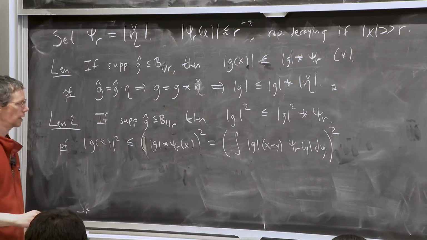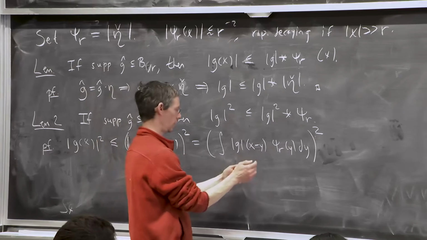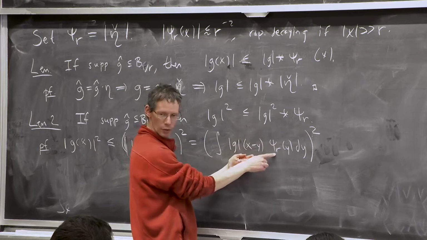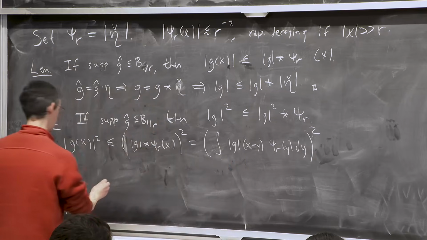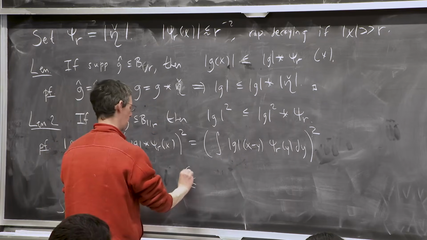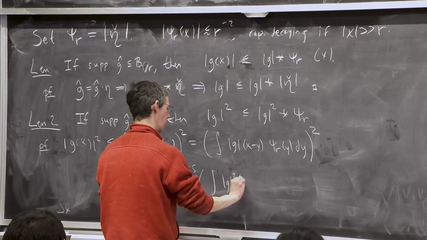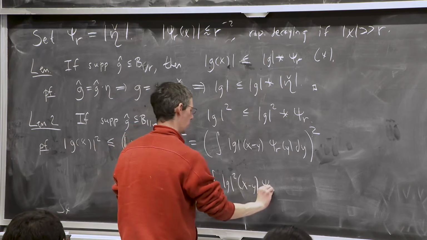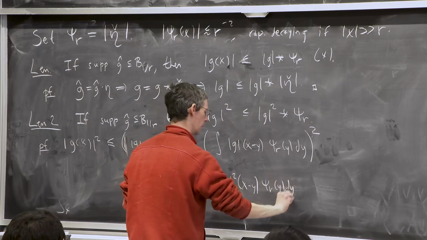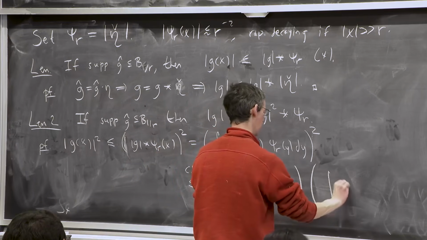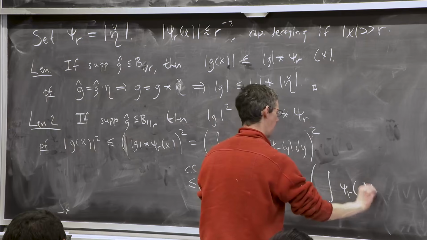And now I want to do a Cauchy-Schwarz to get this guy squared with one of those. So when I do my Cauchy-Schwarz, my first factor will be the integral of the norm of g squared of x minus y times psi r of y. And my second factor will just be the integral of psi r of y dy.